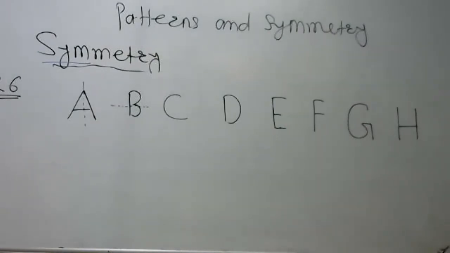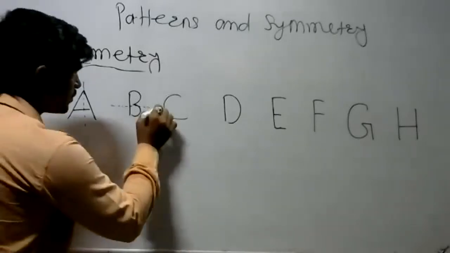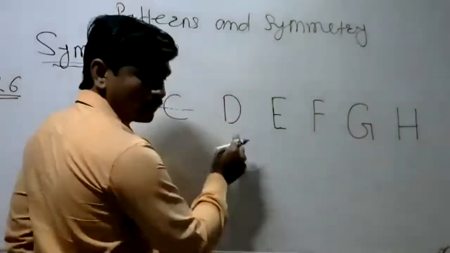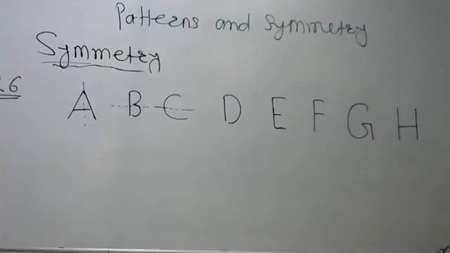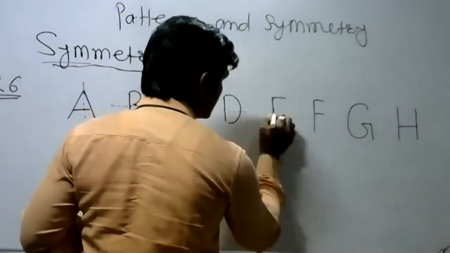Understood about this? Sorry, this is the horizontal and this is the vertical. Now C also. Yes. D also. Okay. C, D also. E also.